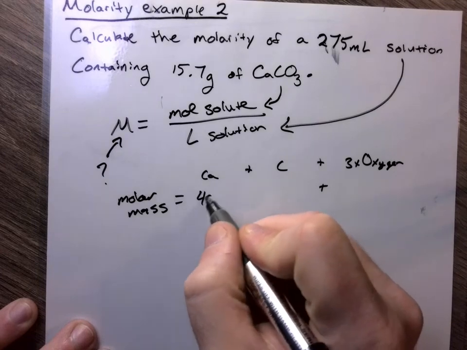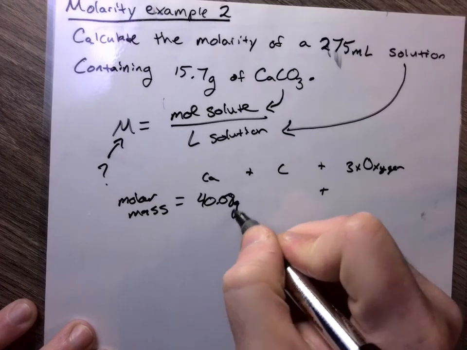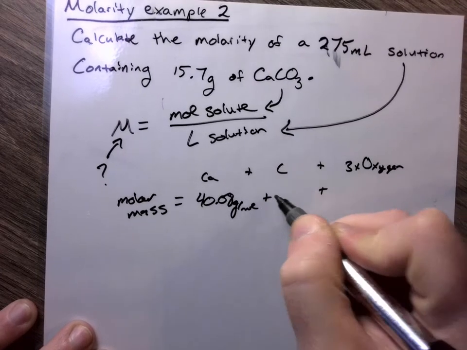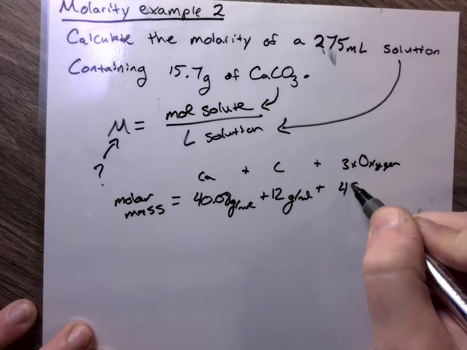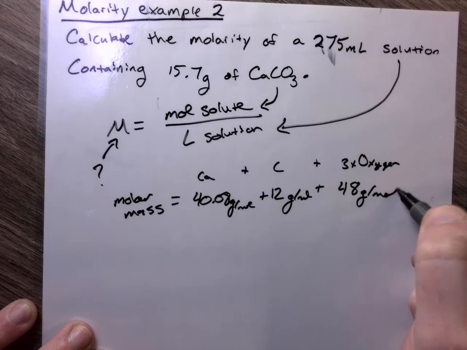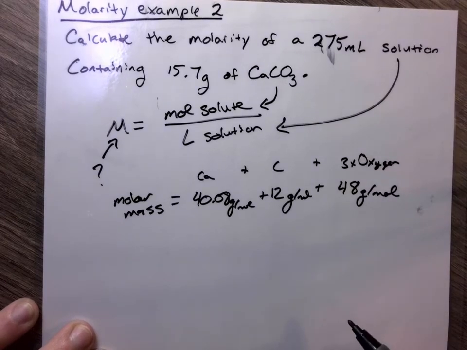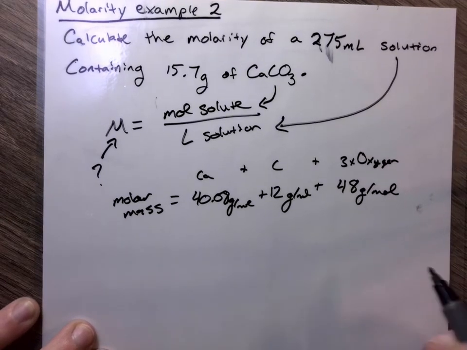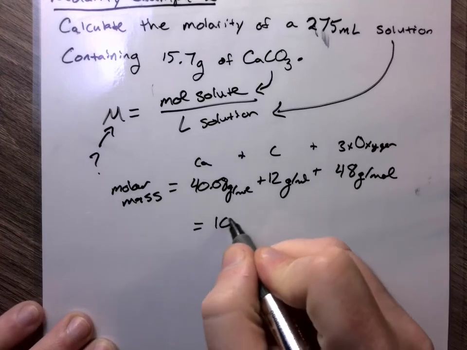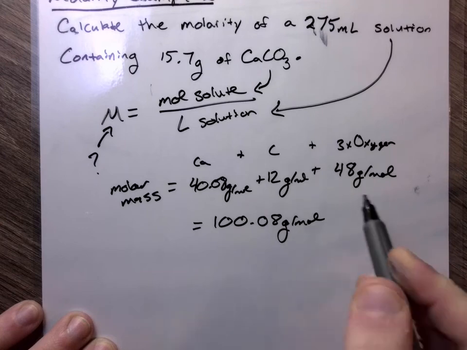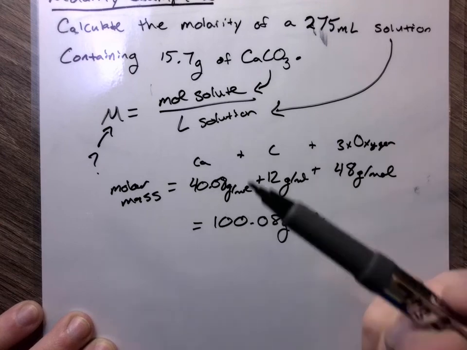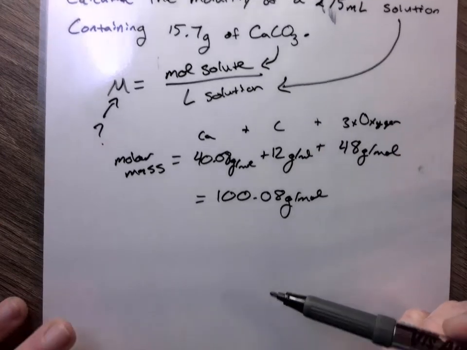So calcium, 40.08 grams per mole. Carbon, 12 grams per mole. And 3 oxygens, 48 grams per mole. Remember, these all come from the periodic table. So this is going to come out to 100.08 grams per mole.